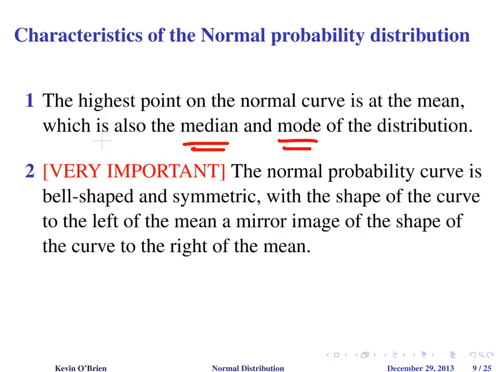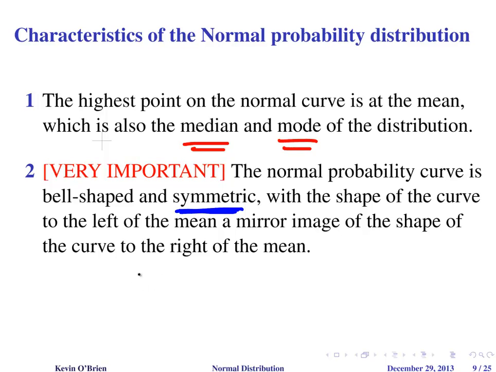Now this next one is important. I stated this previously, but I'll emphasize it here: it's bell-shaped and symmetric. The shape of the curve to the left of the mean is a mirror image of the shape of the curve to the right of the mean.